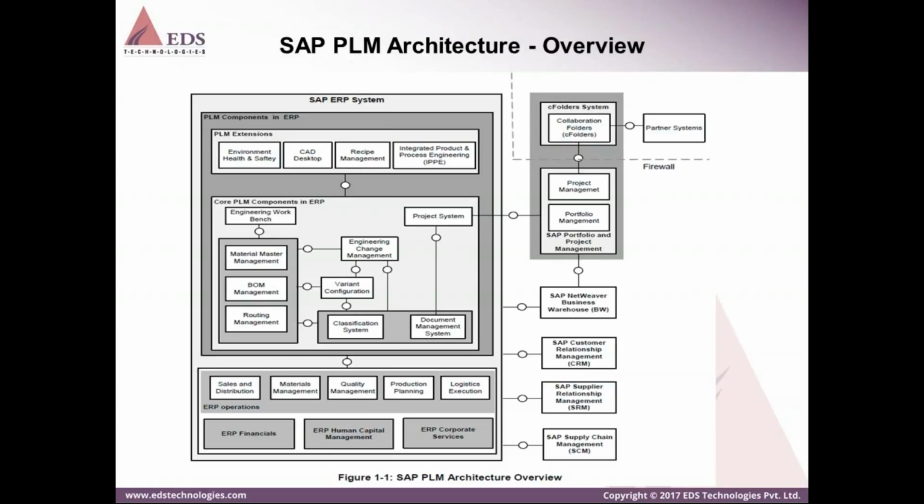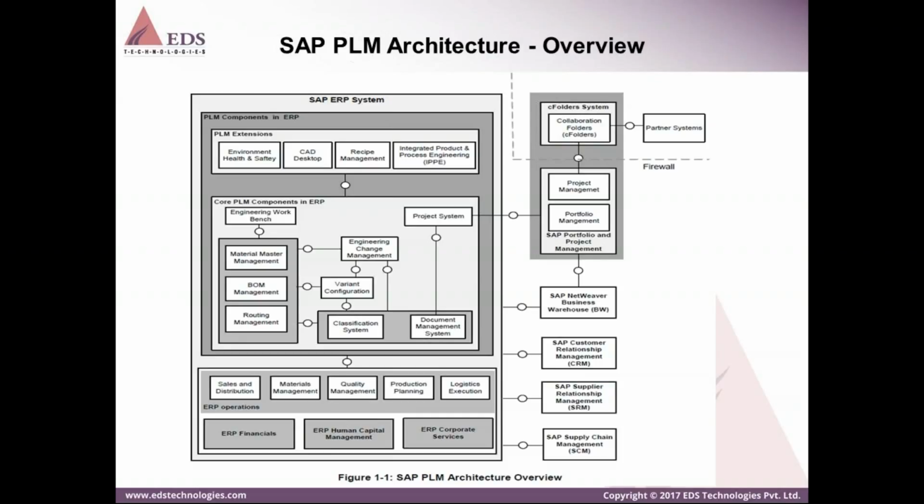Along with all these, we also have what is called the project system. In case you would like to manage all your R&D projects, that project system can be used along with the other modules within this ERP suite that form the complete PLM package within your ERP system. So the major advantage of SAP PLM within ERP is that it is already available as part of your ERP system.